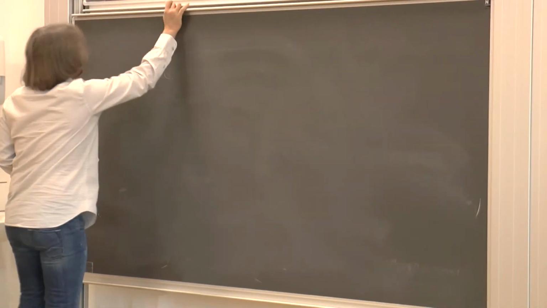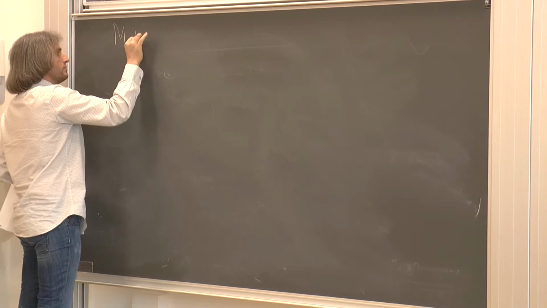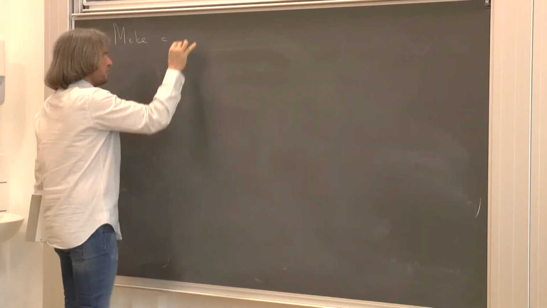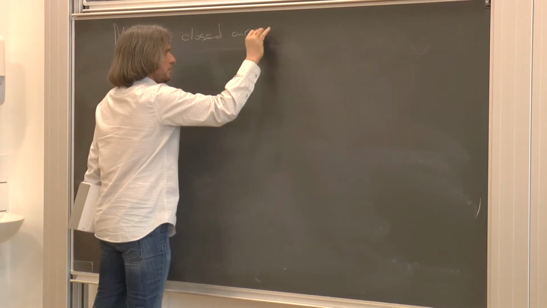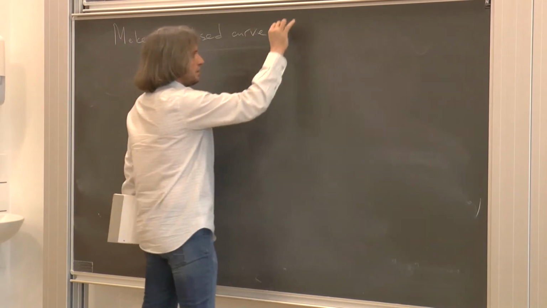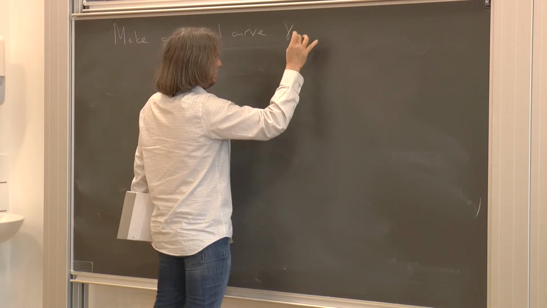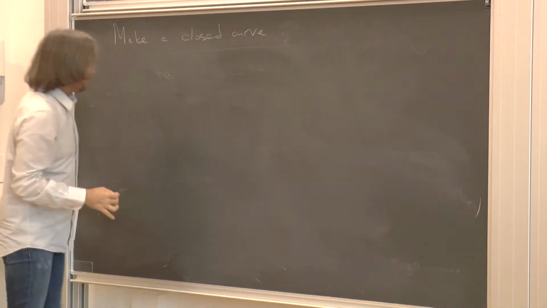So the point is that we make a double limit, make a closed curve, call it gamma. Well, I need 2 parameters, so I'll draw it.